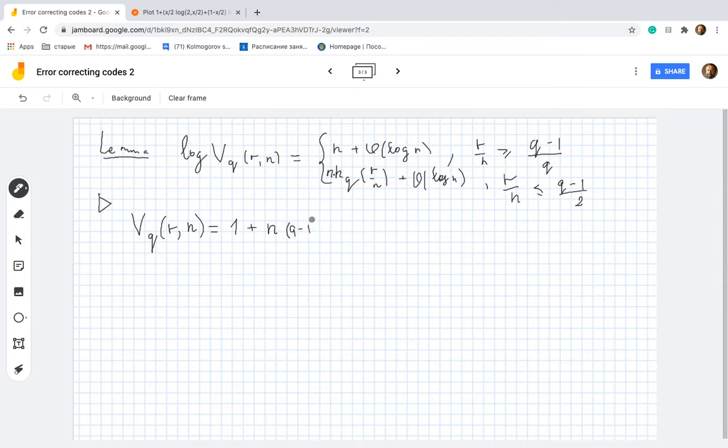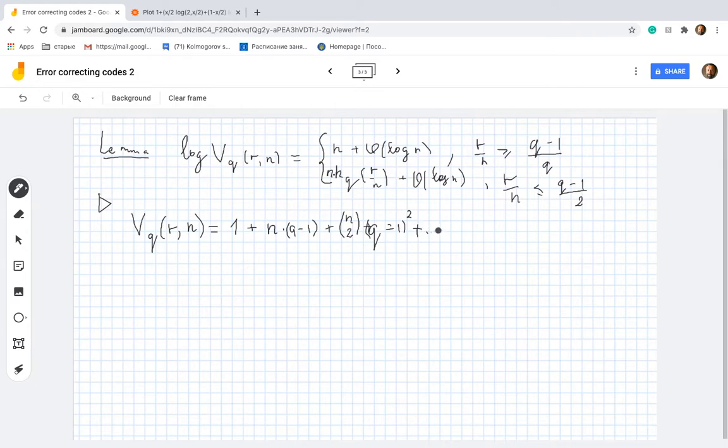Previously, in the case of the binary alphabet, we didn't have this factor because q minus 1 was equal to 1. But now it matters. Plus n choose 2, the number of ways to choose two symbols, times q minus 1 squared, and so on.